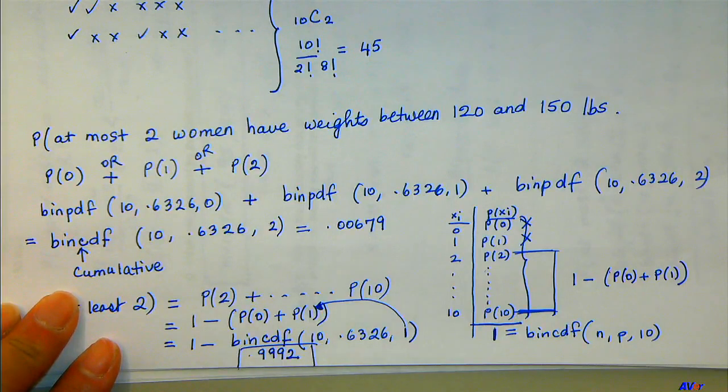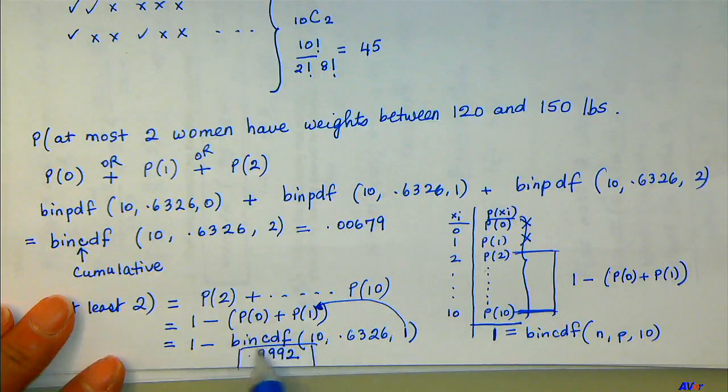Then you get 3, 4, 5, 6, 7, 8, 9, 10. So 2 wouldn't be included? If you subtracted binomial CDF of 2, then you would be beginning at 3 because 0, 1, and 2 would be subtracted.